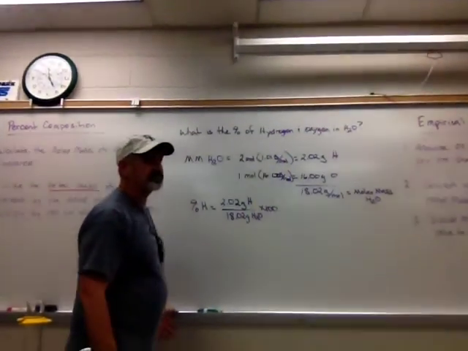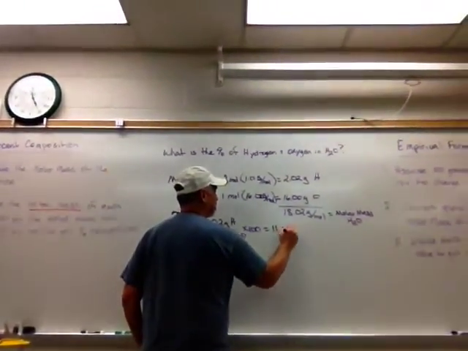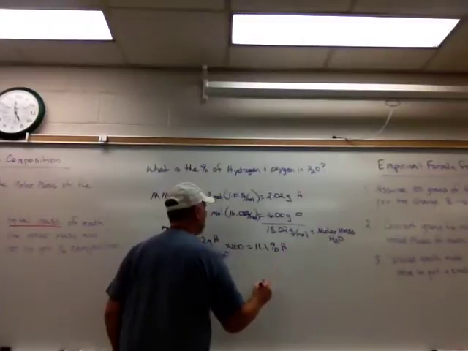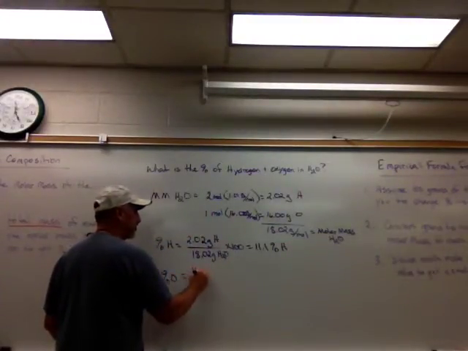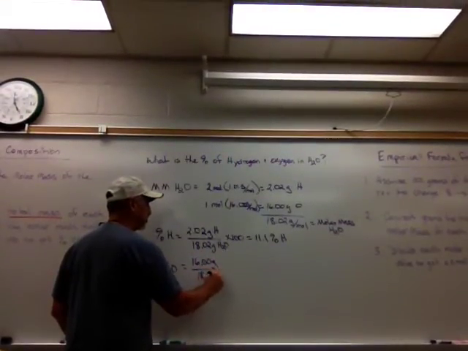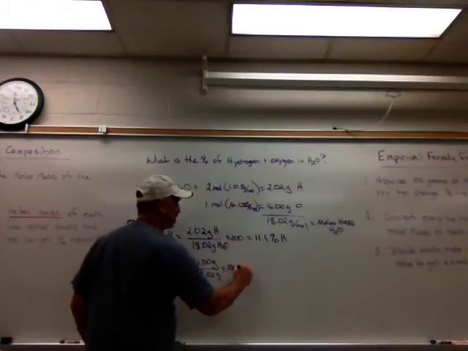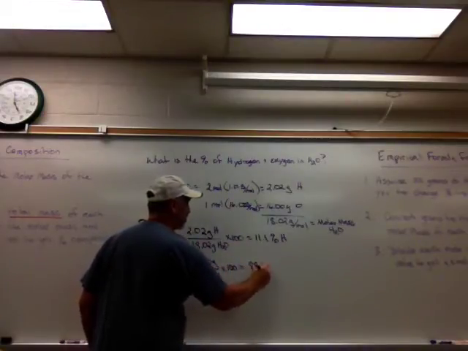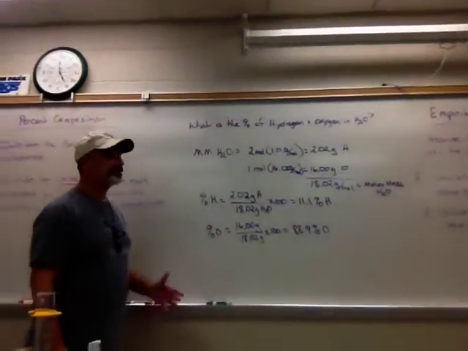And that's going to come out to, I believe, 11.11% hydrogen. And then the percent oxygen is going to equal 16.00 grams divided by 18.02 grams times 100. And obviously it has to add up to 100%, so this would be 88.9% oxygen. So it's very straightforward.